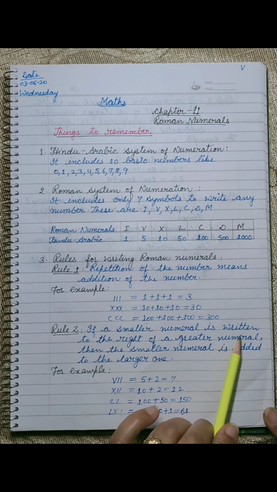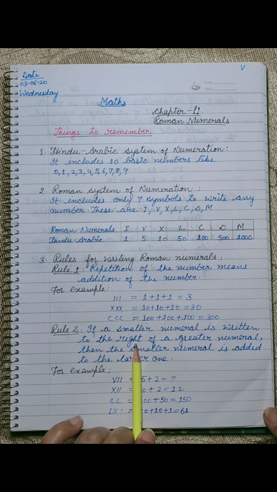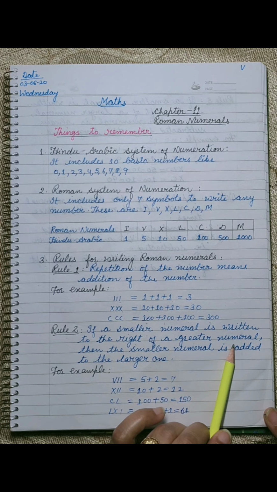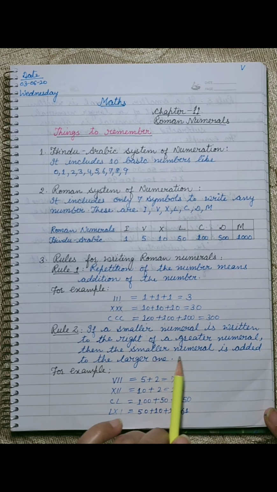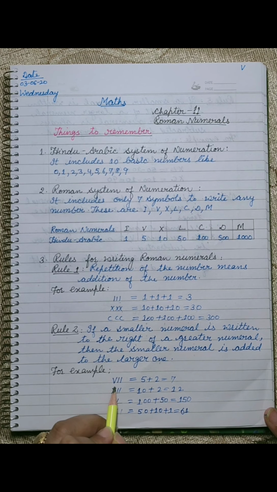If a smaller Roman numeral is written to the right of a greater numeral, then the smaller numeral is added to the larger one. We have example VII. V is for 5, I for 1 and 1.